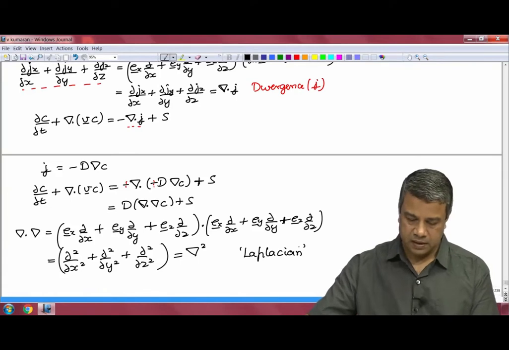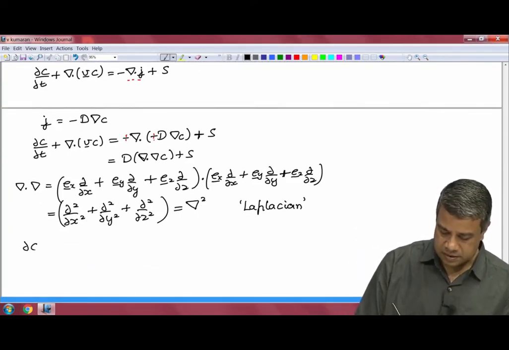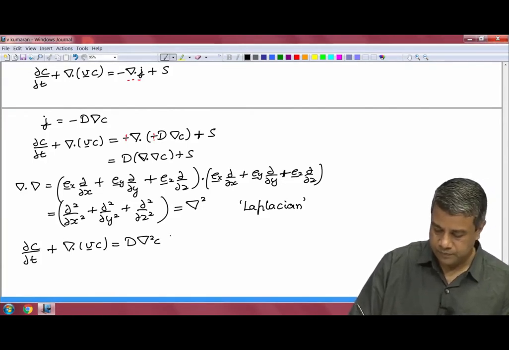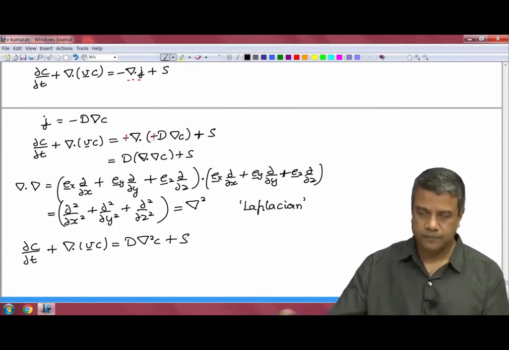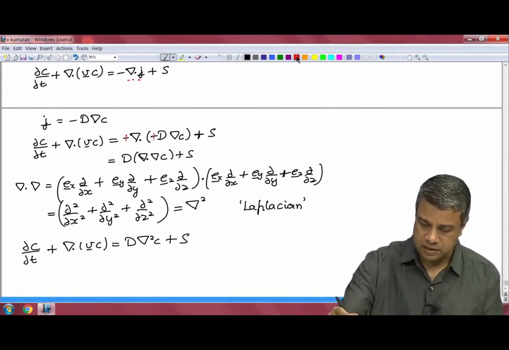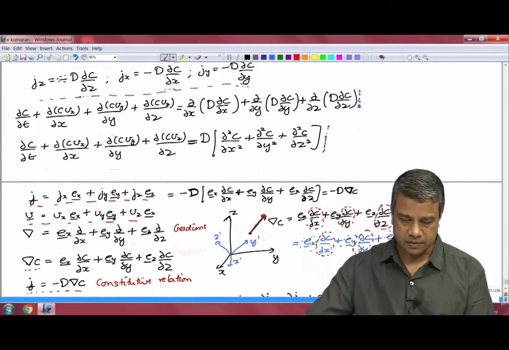And the conservation equation is written as partial C by partial t plus the divergence of V C equals D del square C plus the source term. You recall that this operator is the same that we had earlier in our conservation equation.